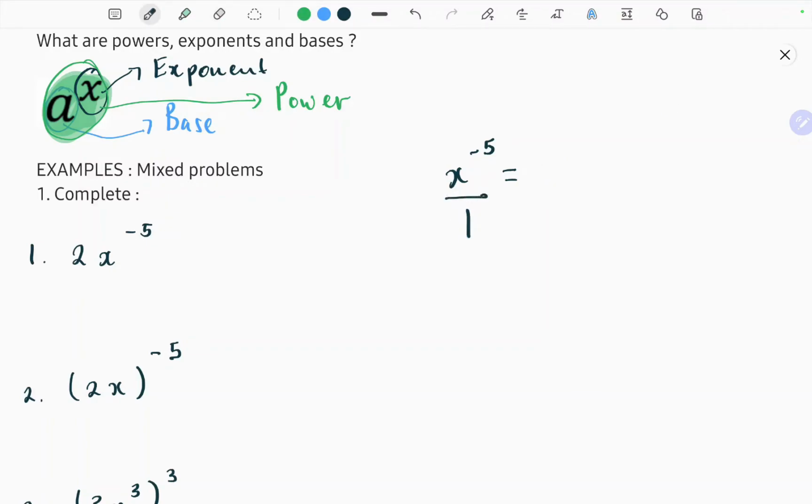Any number or variable over 1 is that number. So what happens is if you interchange the numerator and the denominator, the exponent becomes positive. In other words, if you put the numerator in the denominator and the denominator in the numerator, the exponent automatically becomes positive.